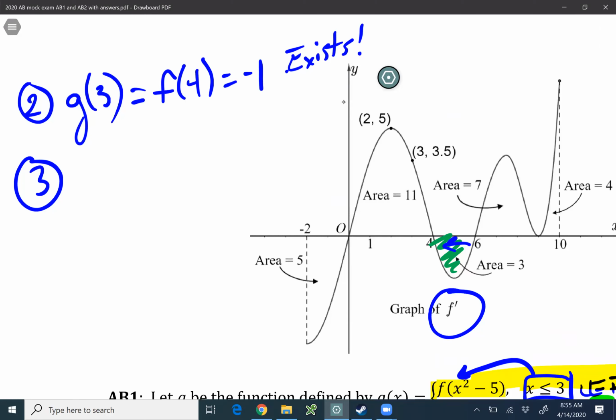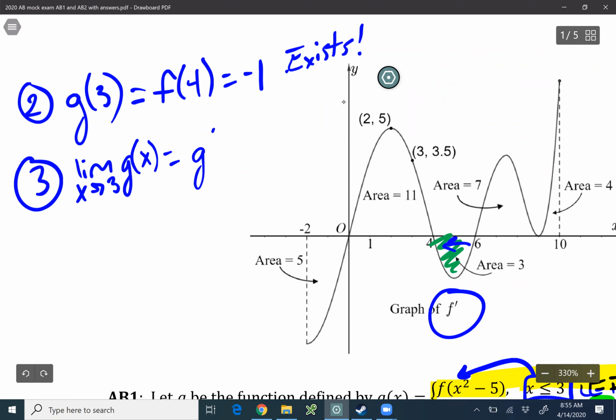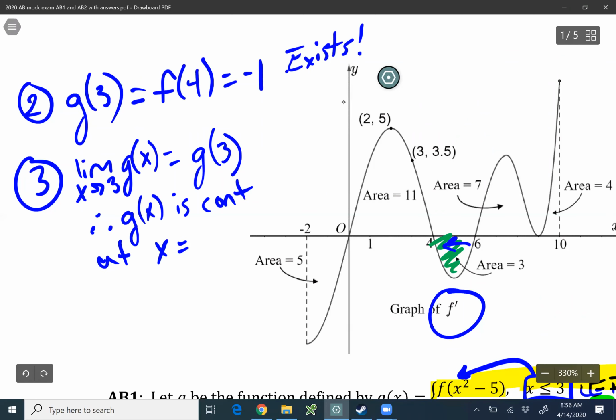So now we can say the limit as x approaches 3 of g of x equals g of 3. Therefore, g of x is continuous at x equals 3.